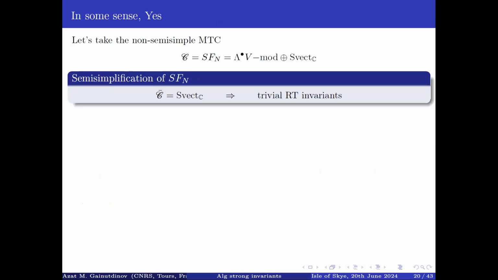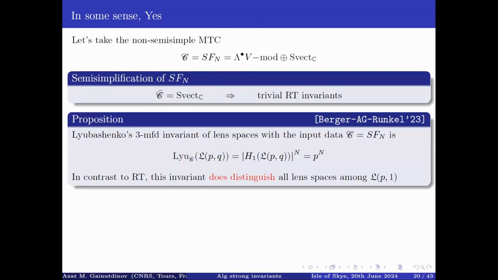So let me give you an example of this: symplectic fermions. I consider now this exterior algebra example. Semi-simplification gives you just trivial invariants. In this paper, as part of the results, we computed such invariants for all lens spaces L(p,q). Not using semi-simplification, but using the full non-semi-simple category of symplectic fermions, the invariants are quite simple but non-trivial.